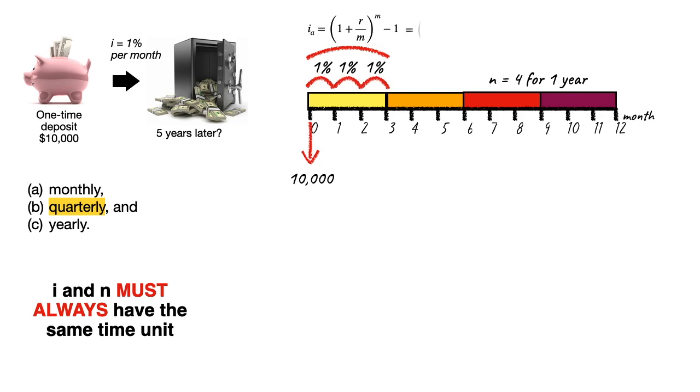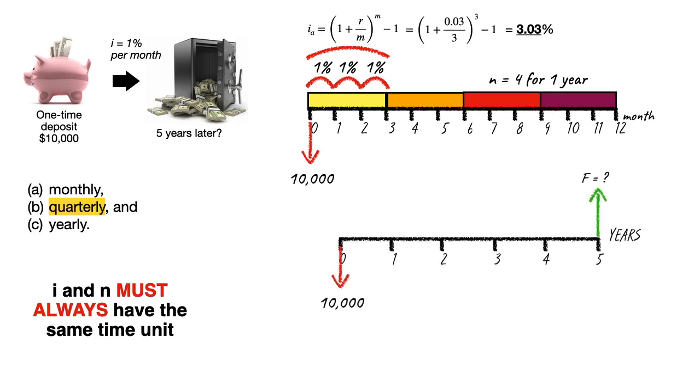We'll get a value of 3% or 0.03, while our M is the number of months in one compound period. So our M is 3, and we will get the effective interest rate for one compound period as 3.03%.